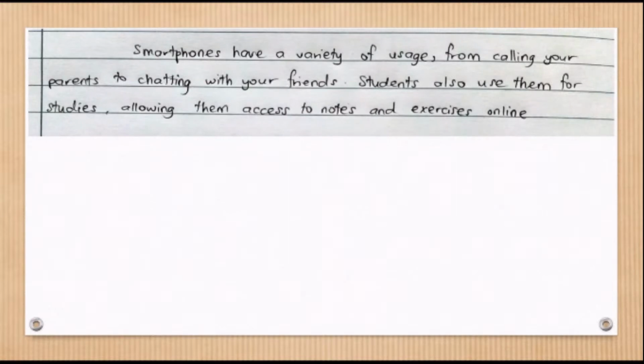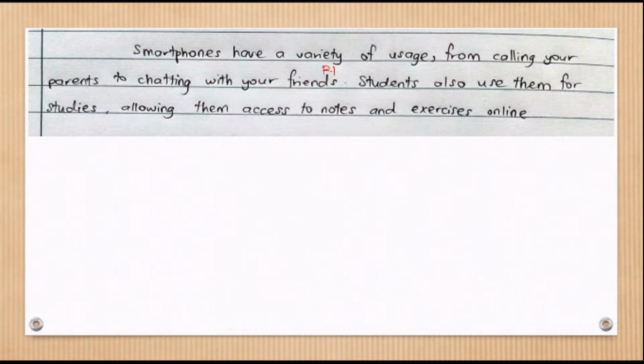Okay, now we move to the second paragraph. Smartphones have a variety of usage, from calling your parents to chatting with your friends. So this explains why people have smartphone, because it has variety of usage. Okay, reason one. Students also use them for studies, allowing them access to notes and exercise online. So this student answered the first bullet, why people have smartphone.